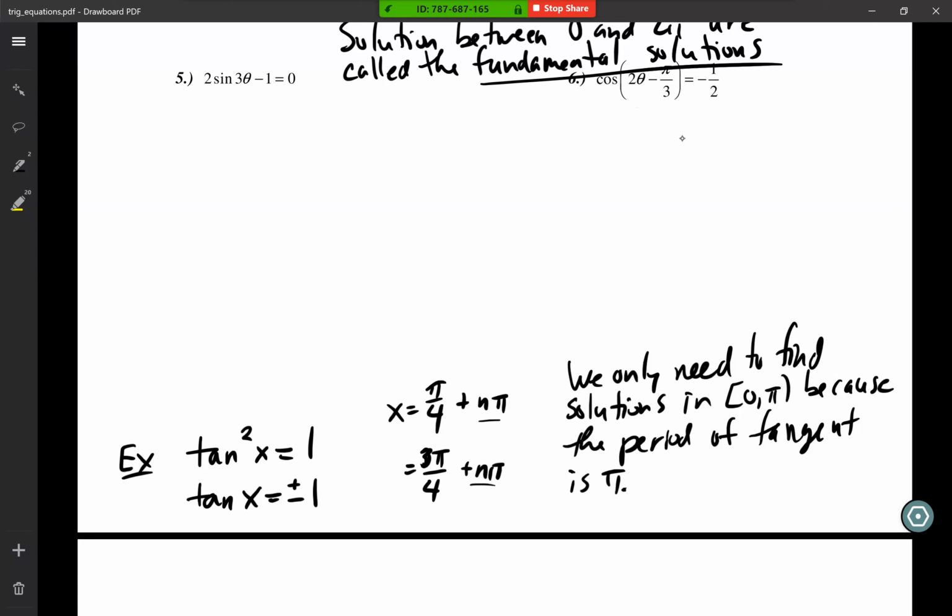So it makes it a little bit easier working with tangent, because I only have to look for angles in quadrant 1 or quadrant 2 to get my solutions from 0 to pi and then add in multiples of pi after that. Questions on that at all?